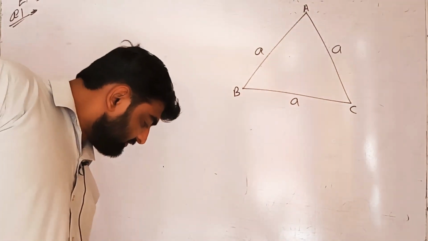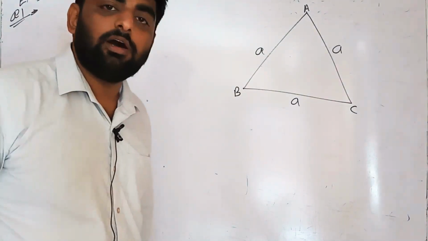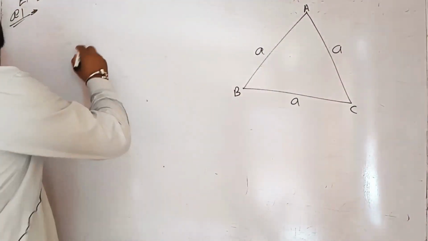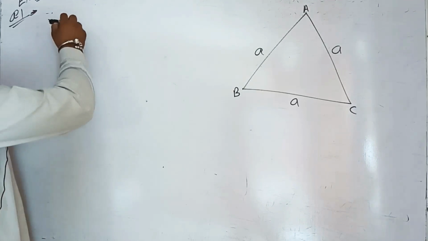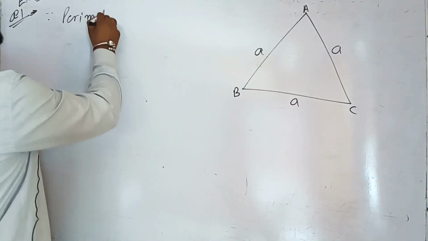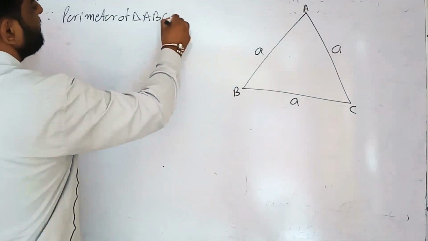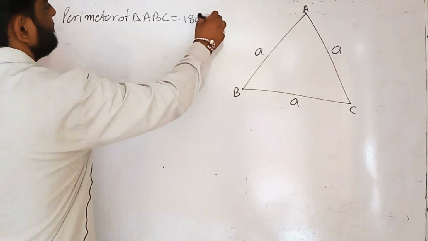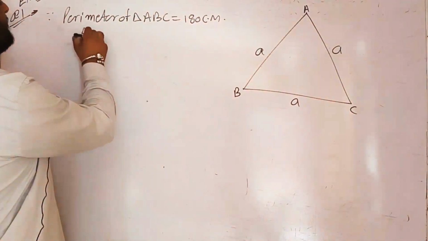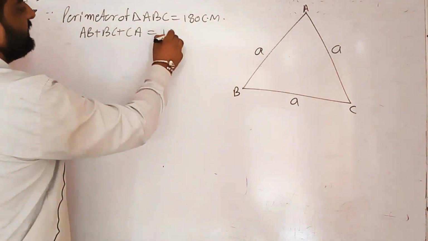If the perimeter is 180 centimeters, then you have to find the area of the triangle. The perimeter of triangle ABC is given as 180 centimeters. So what is the perimeter, students? AB plus BC plus CA equals 180 centimeters.